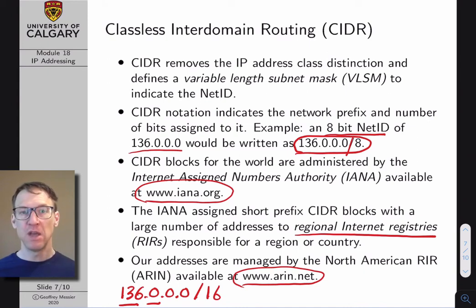So for example, you can look up your own IP address for your home machine on ARIN, and you should see that it belongs to a big chunk of addresses that have been given to your internet service provider, maybe Shaw or TELUS, and that big chunk belongs to another larger chunk of IP addresses that have been given to Canada as a country. And you can kind of see the hierarchy.